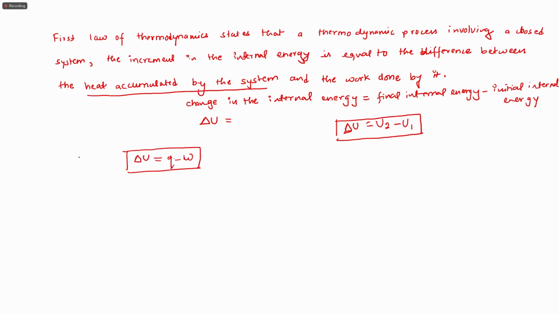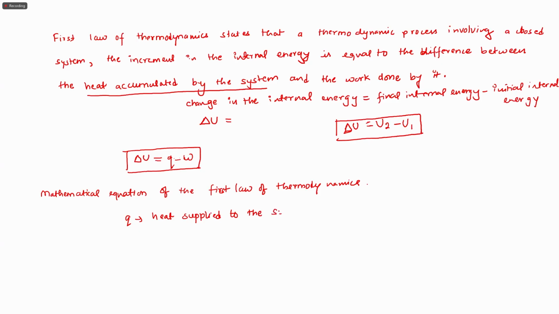So this is the mathematical equation for the first law of thermodynamics, where Q represents the heat supplied to the system, and W represents work done by the system.